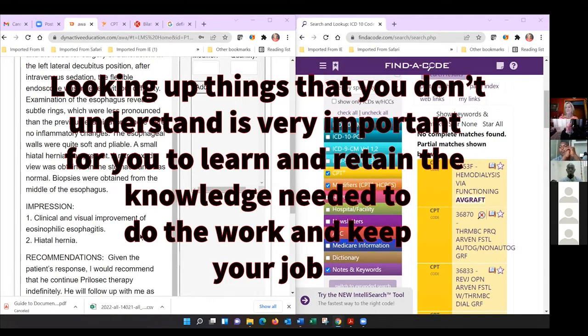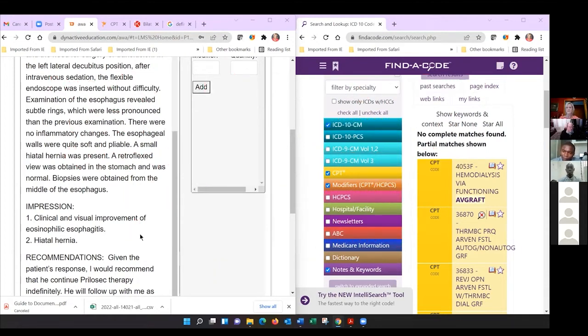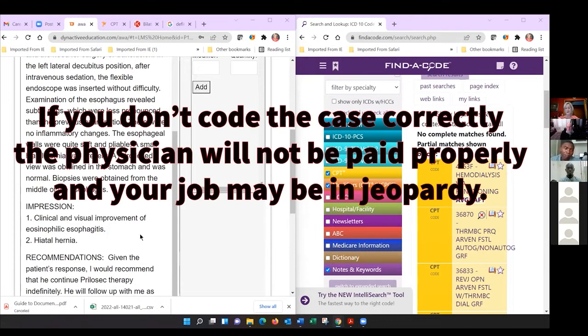But if you don't look up these words and try to understand what they mean, you're not going to be successful. You have to understand what this report is saying, because I'm coding this for a physician. He will be reimbursed by how I code. And if I don't get it correct and he gets the wrong amount, then I'm in trouble.